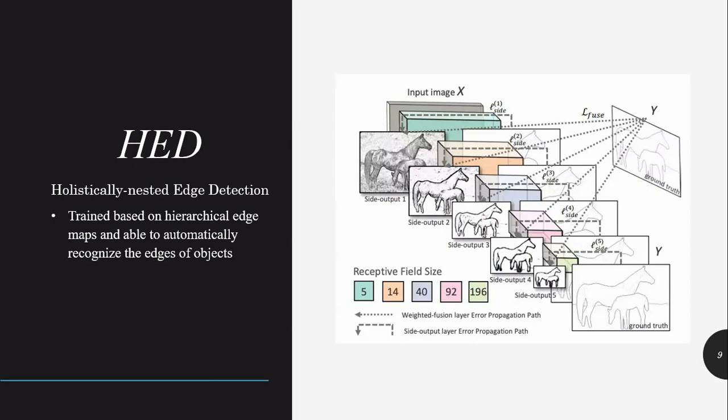Okay, here we have the architecture of the HED network, or holistically nested edge detection network. This network is trained by hierarchical edge maps. The aim of this network is to detect the edges automatically. The HED network is based on the VGG network and has 5 layers, so it has 5 side outputs. In contrast with normal convolutional neural networks, at the end of each layer, where the max pooling layer appears, we have an image extracted from the layer called side output, and also a loss function corresponding to it.